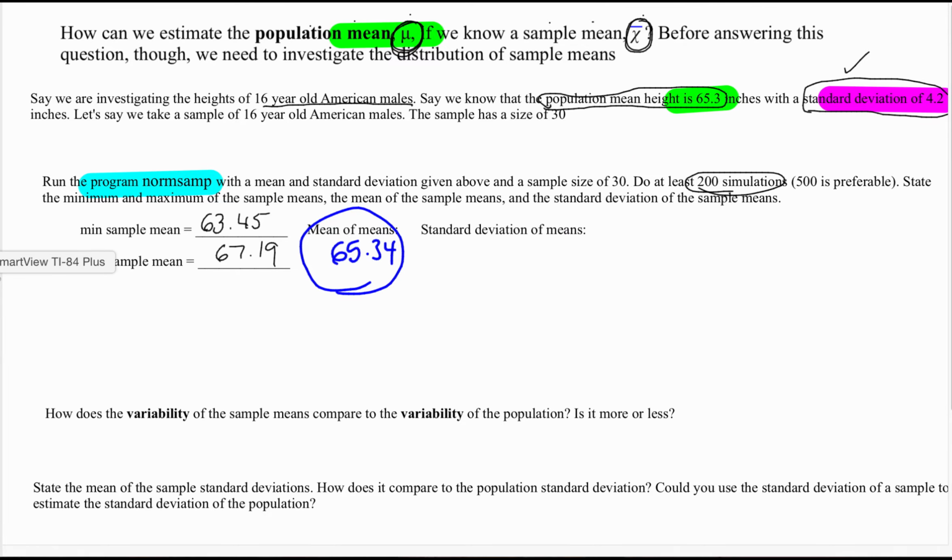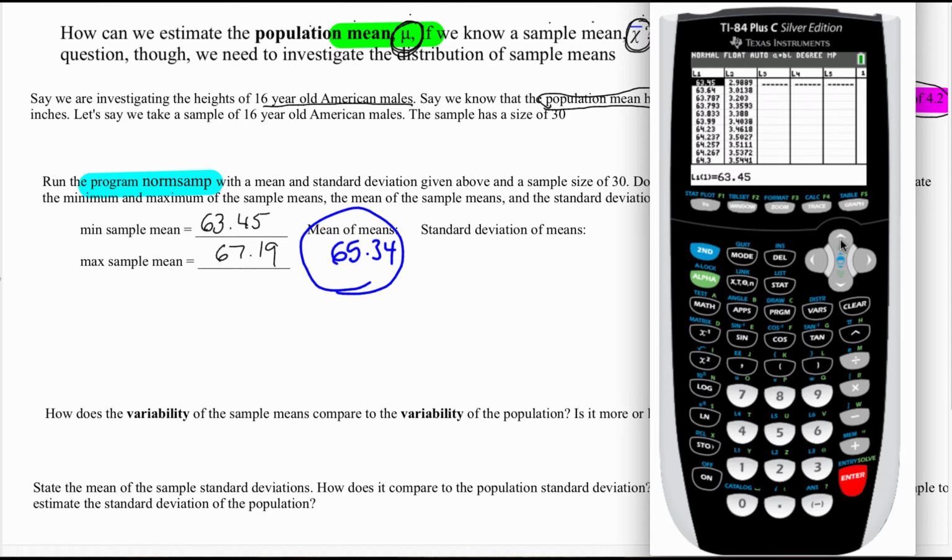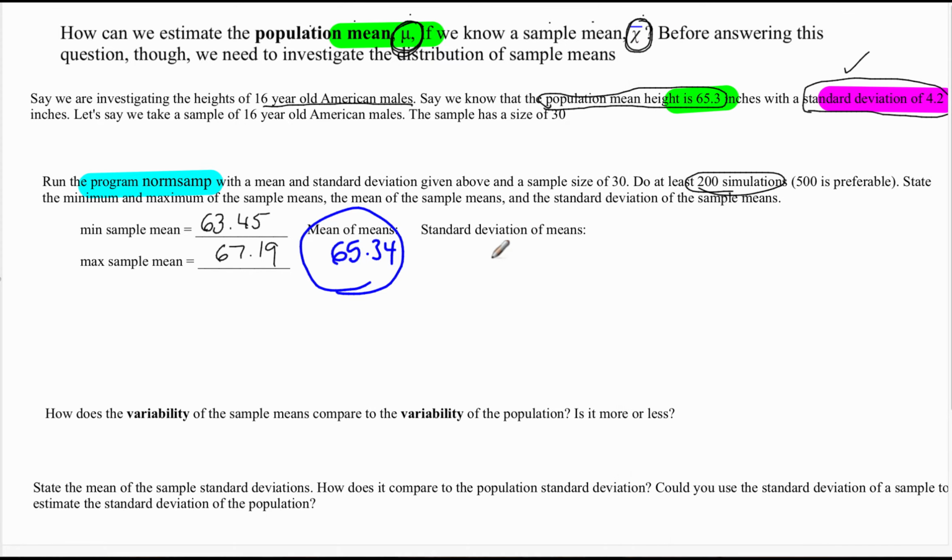The standard deviation of means. Well, let's go look at those standard deviations again. We go into stat, we go back to edit, and we are in list 2. The lowest standard deviation was 3, and the highest was 5.7.